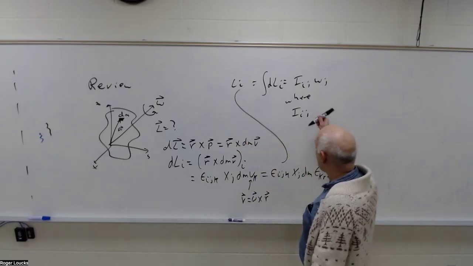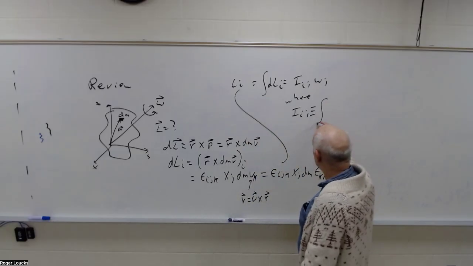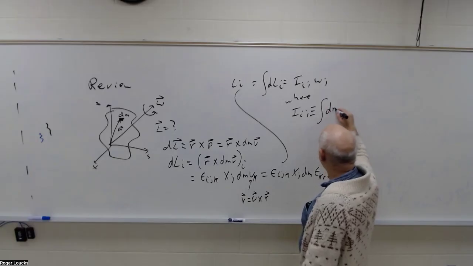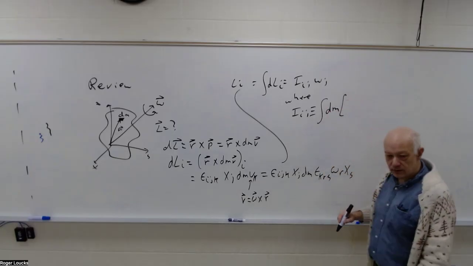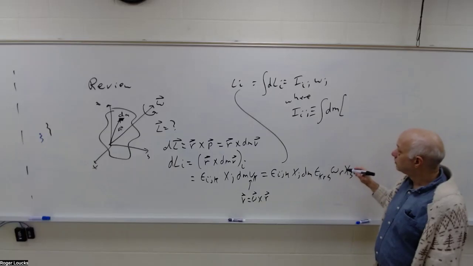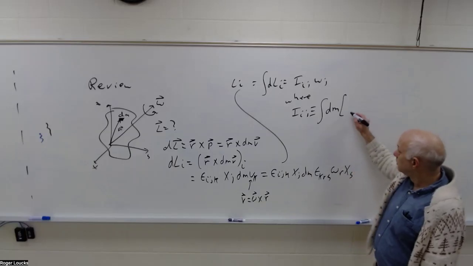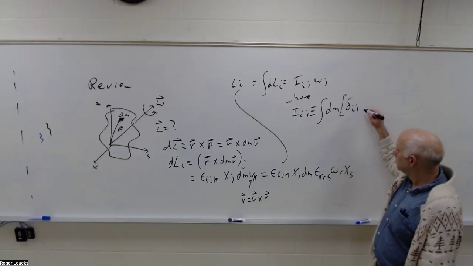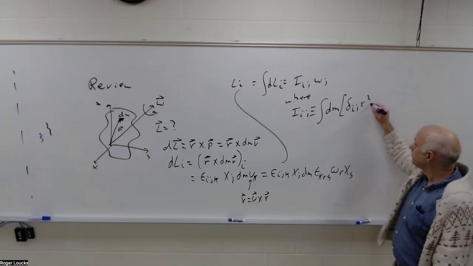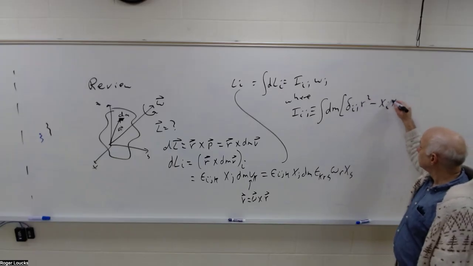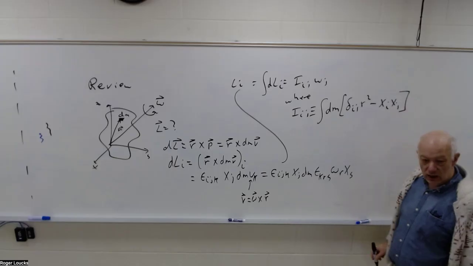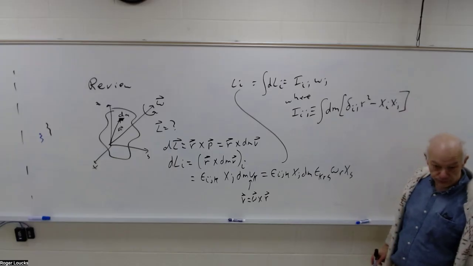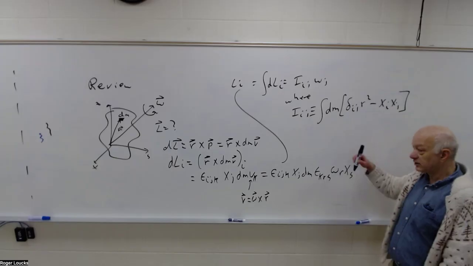And this I_ij ends up being, by definition, the integral of dm times delta_ij r squared minus x_i x_j. And this is our moment of inertia tensor, which looks a lot different from what we had in the first semester.